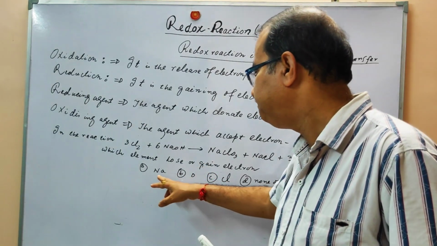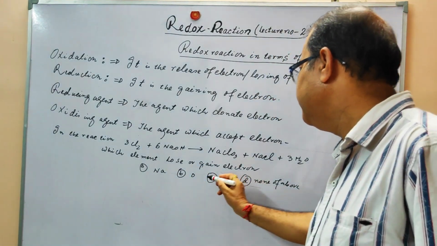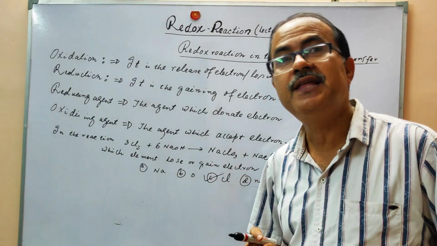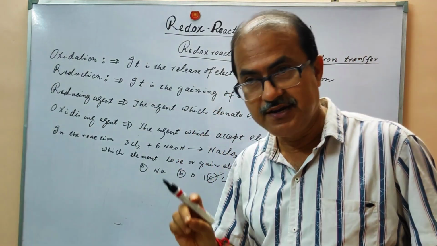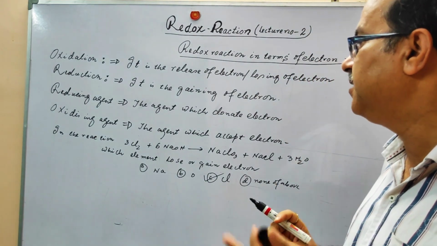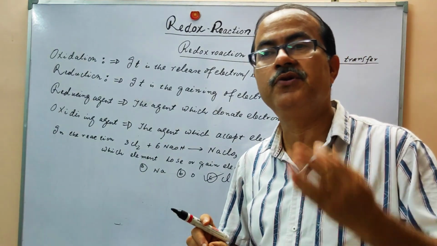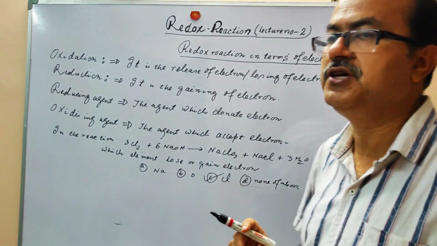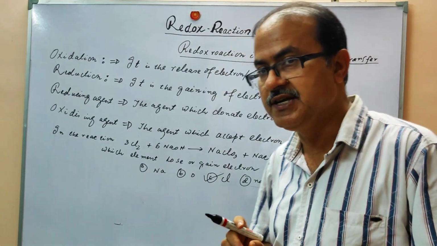Yes, here the chlorine atom is losing and gaining electrons. That is a special type of reaction that we'll talk about later when we discuss the different types of redox reactions. This is the disproportionation reaction.